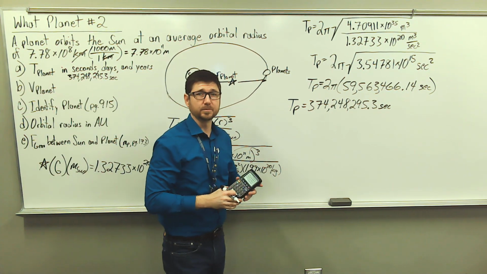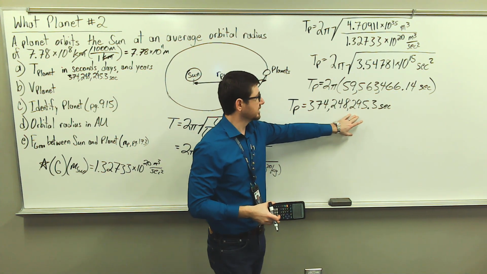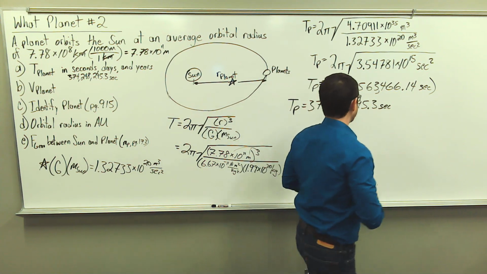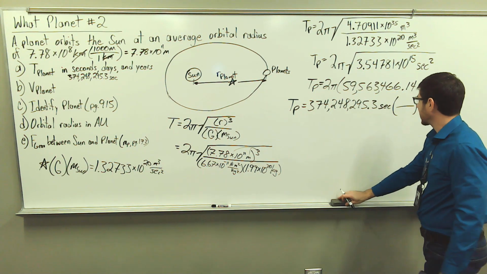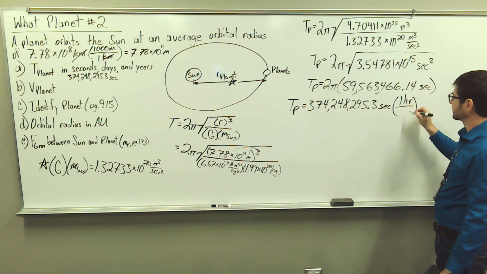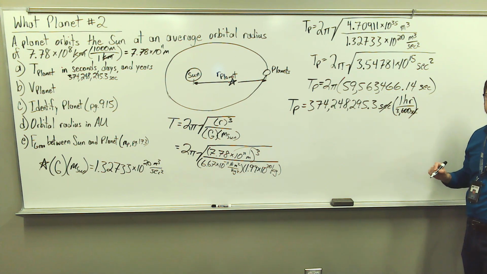Okay, we need to perform dimensional analysis. We're going to convert this value that's in units of seconds to units in days. So we're going to multiply by a ratio that's going to eliminate our units of seconds, and we know that in 1 hour we have 3,600 seconds. So as you can see, our units of seconds will cancel.